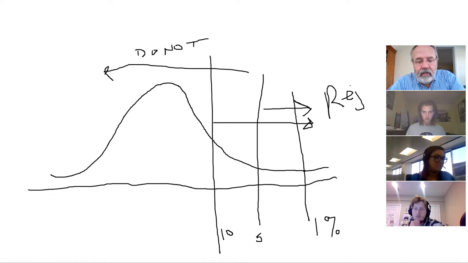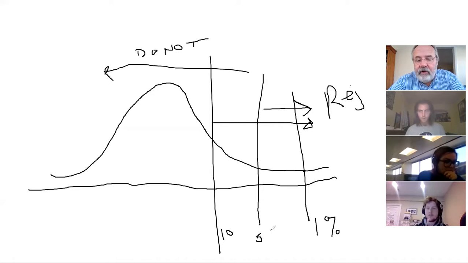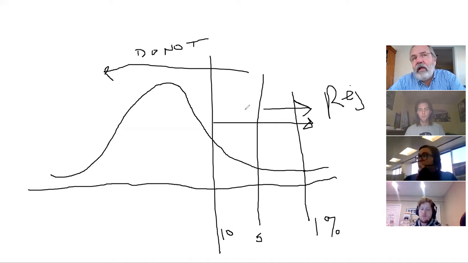So if you were looking at that table 9.1, depending on your level of significance is how strong or how likely you are to make a type 2 error or a type 1 error.